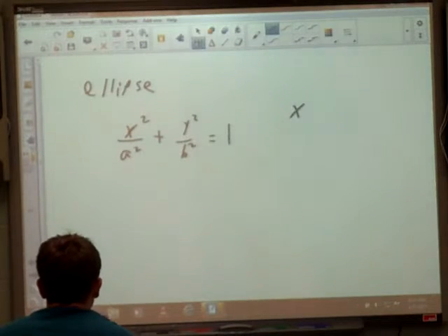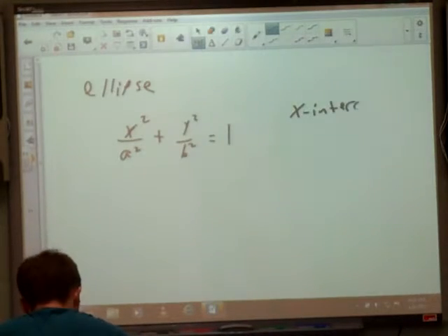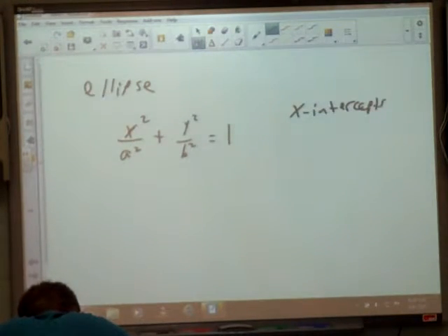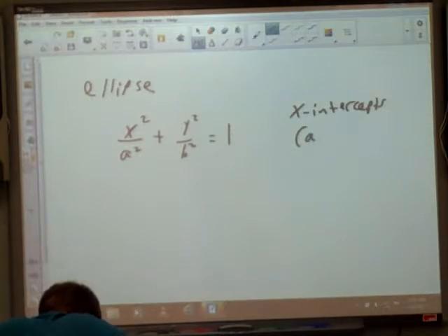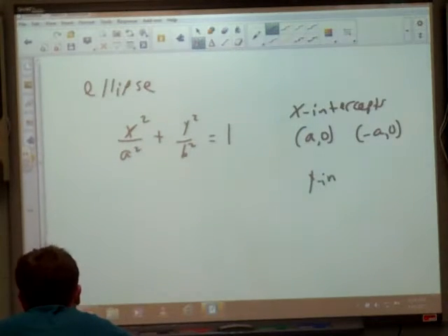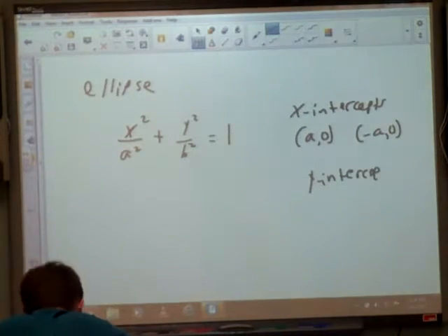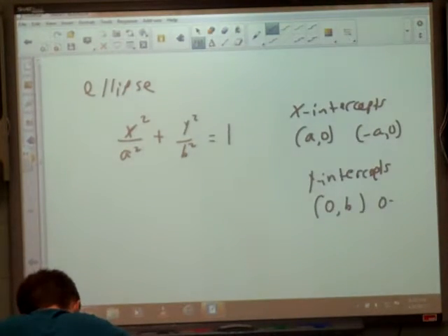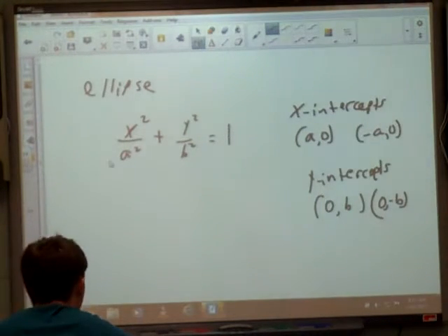It's going to have x intercepts at (a, 0) and (negative a, 0), and y intercepts at (0, b) and (0, negative b). So you're taking the square roots of these things.